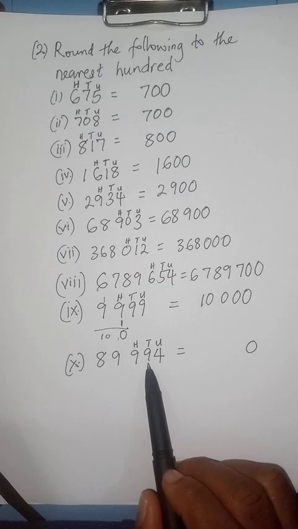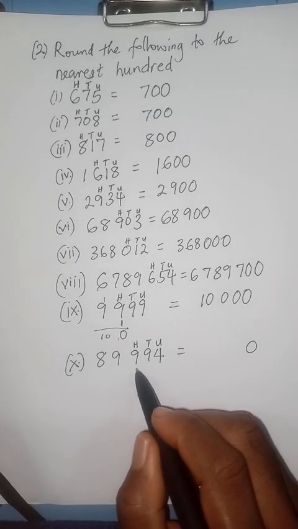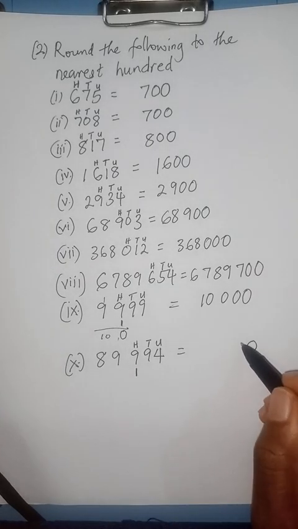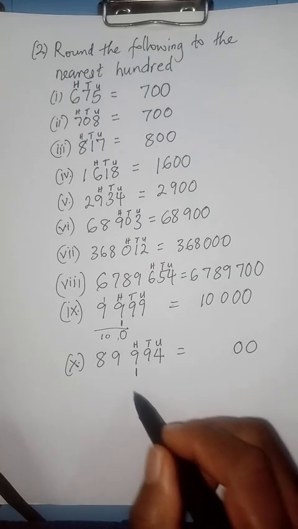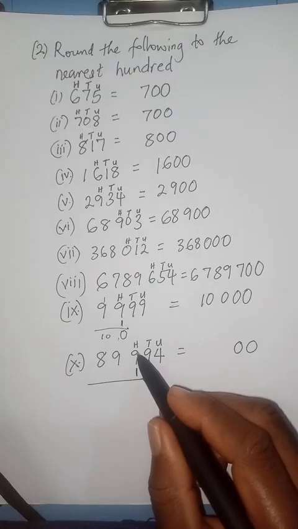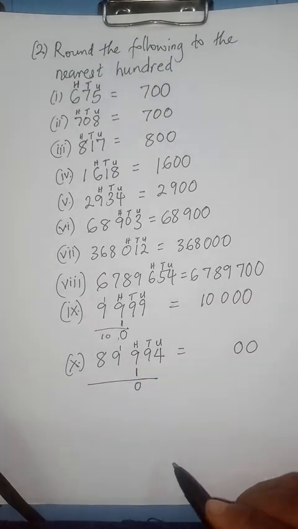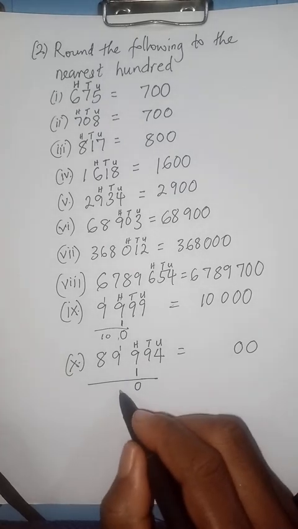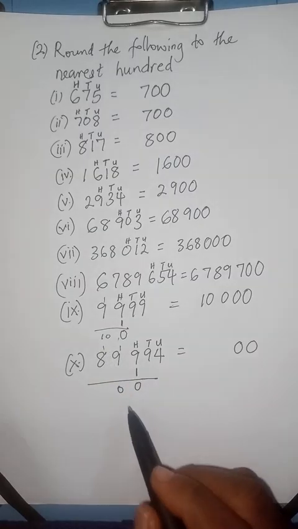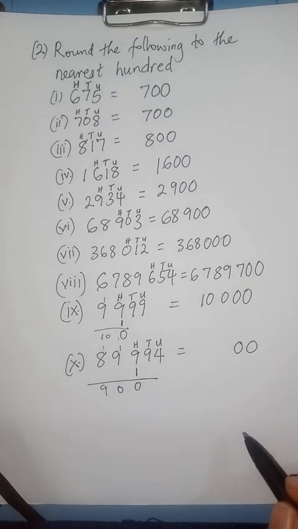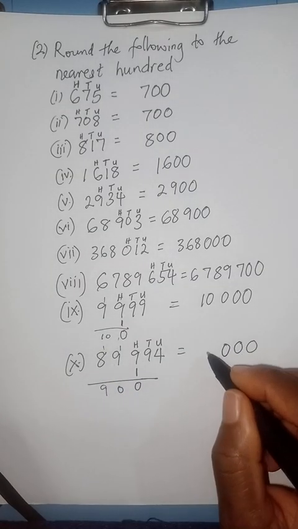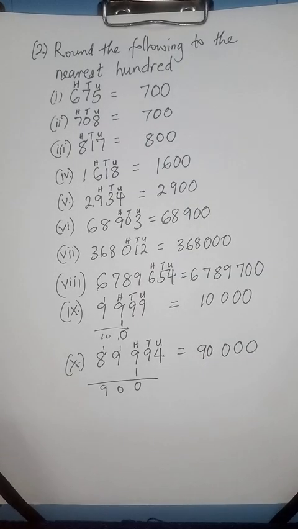It's 9. I can round up. To do that, I add 1 to the next digit and convert the tens to 0. So at this point, let's go back to the addition process. 9 plus 1 is 10. You take 1 to the other digit. 9 plus 1 is also 10. You take 1 to the other digit. 8 plus 1 is 9. So I have 0, 0, 9, which is 90,000.